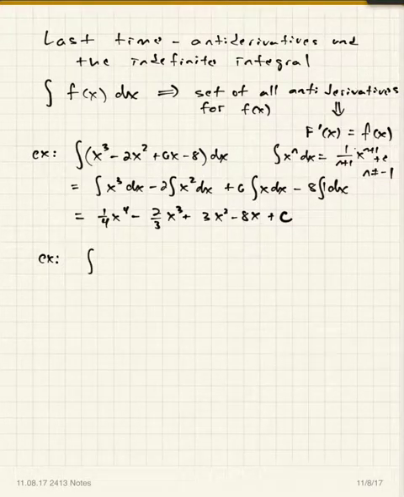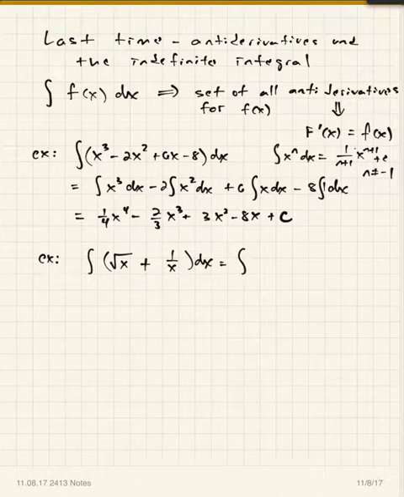So in this problem, if we have the square root of x plus 1 over x dx. First of all, the first term is the power rule, right? We would write that as x to the 1/2. We're not finding an antiderivative yet. We're just dealing with how this function is written, so we can use the rules that we have for antiderivatives.